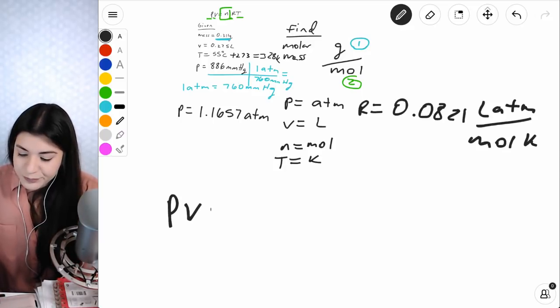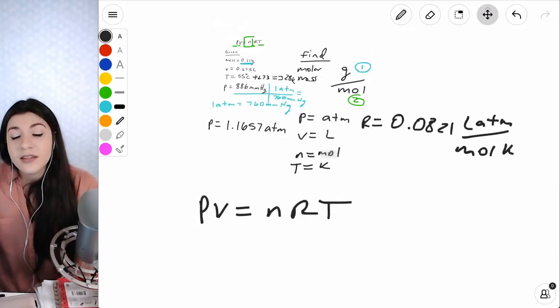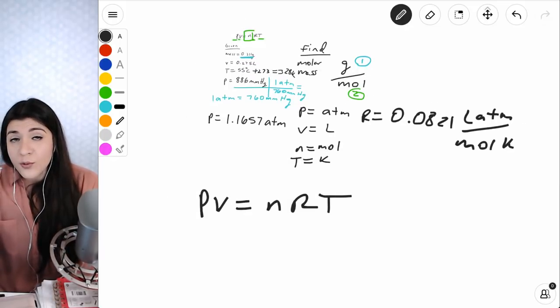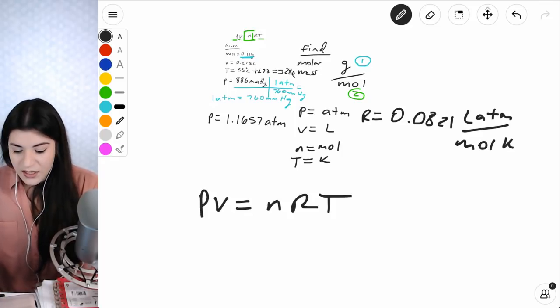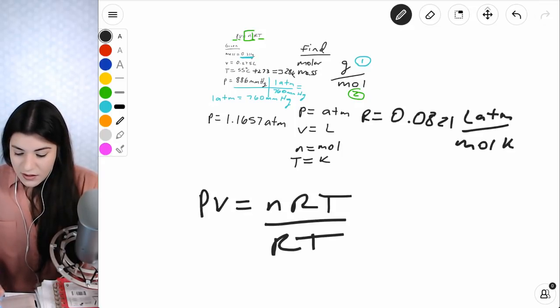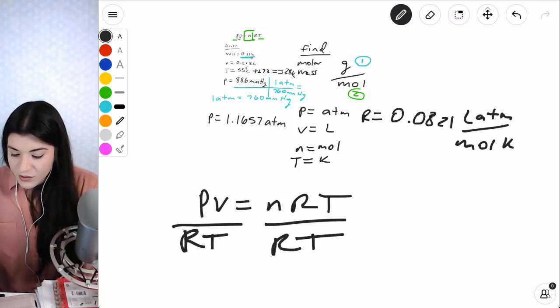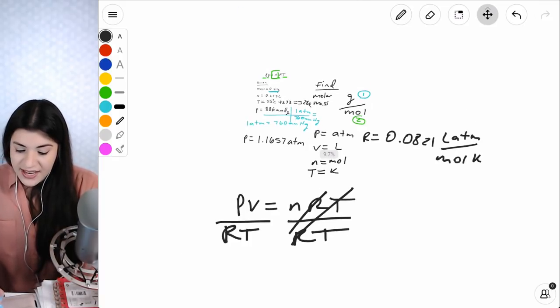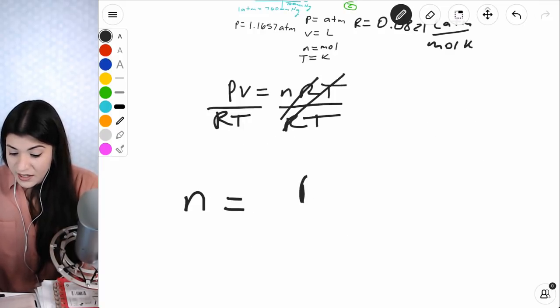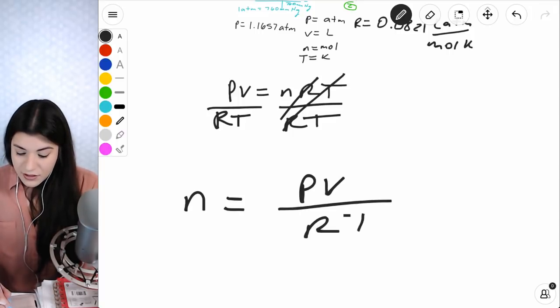And let's plug everything in. What I like to do is rewrite this formula already solved for whatever I'm looking for. Since I'm looking for moles, I'm going to divide by RT on both sides, and then this RT would cancel. Now our new formula is n equals PV divided by RT. Now I'll just plug in and solve.